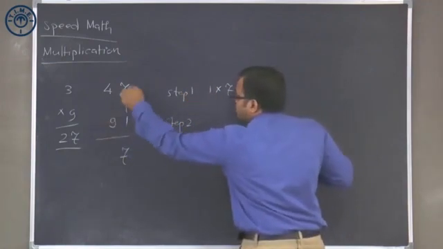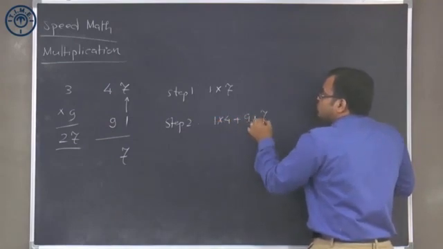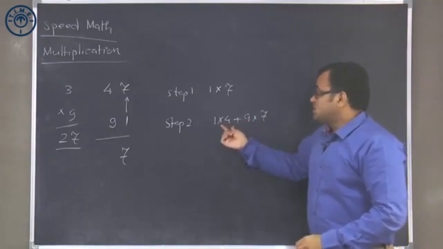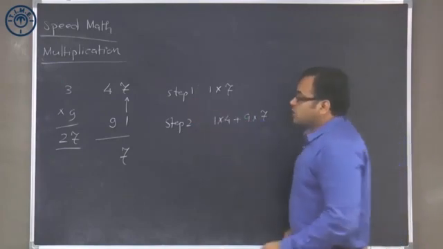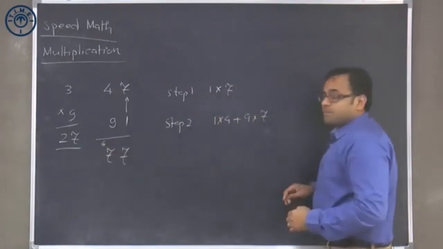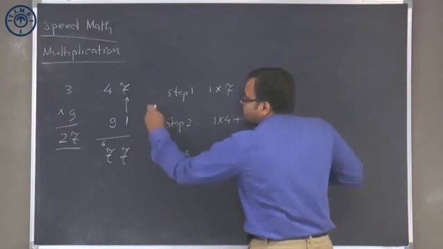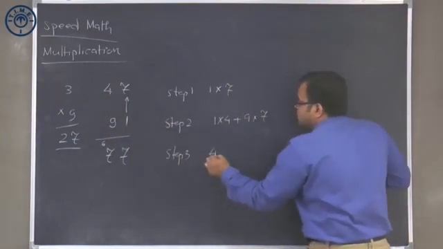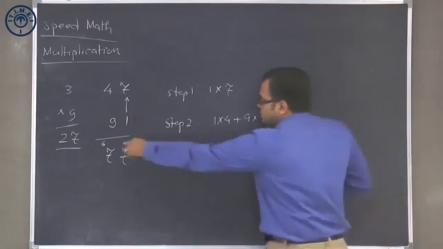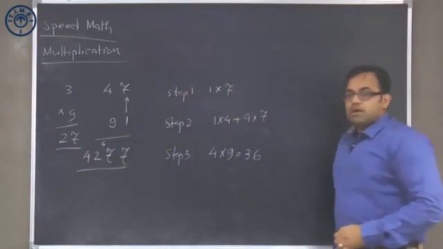So 1 into 4 plus 9 into 7. This becomes 4, 9 7s are 63, 63 plus 4 is 67. There was no carry, so I'll get a 7 here. The carry is 6. Followed by step 3, which will be 4 into 9, which is equal to 36. 36 plus 6, 42, 4277 is your answer.